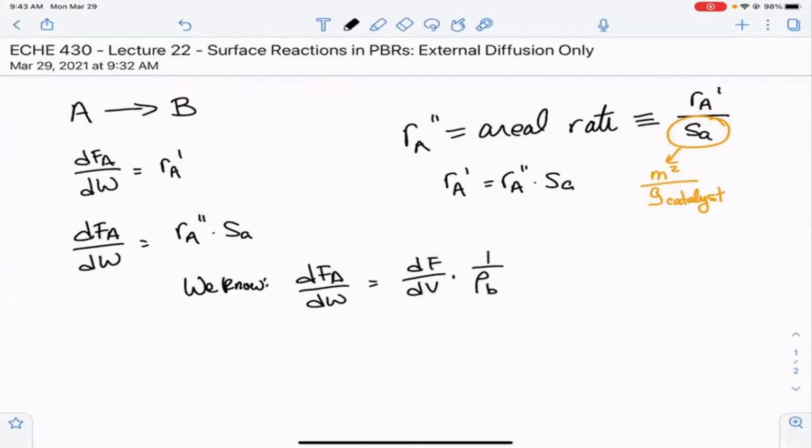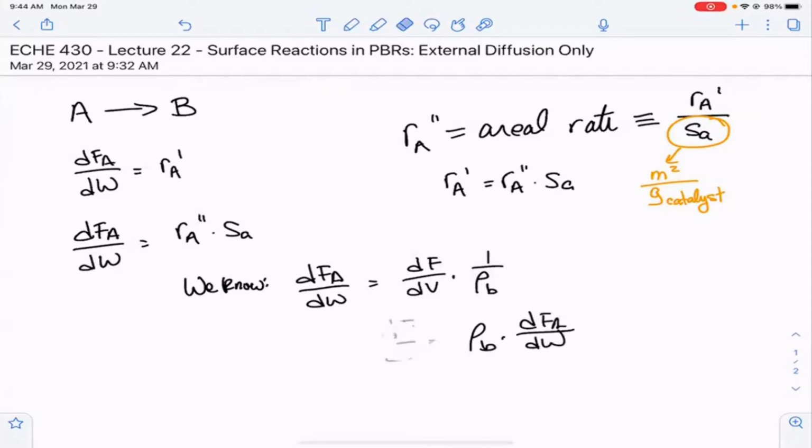And believe it or not, for us to get things in terms of the variables that we discussed last time in an easy to implement way, we're actually going to revert back to this and use the fact that dF_A/dV is equal to rho_B times dF_A/dW.